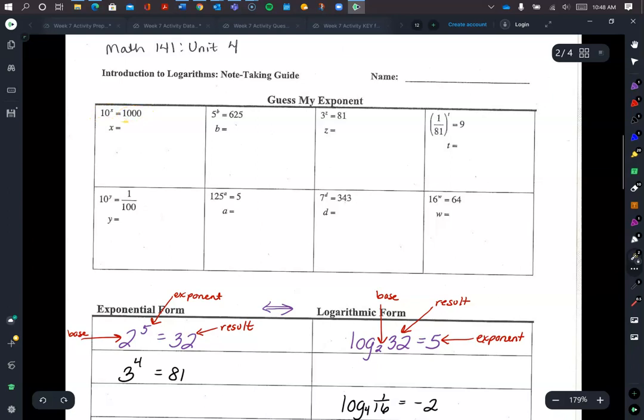Just to give you a little example, this one you probably could just do in your head, but I have the x equals there for you, so you maybe would just put your work underneath here. So 10 to the x, and 1,000 could be written as 10 cubed.